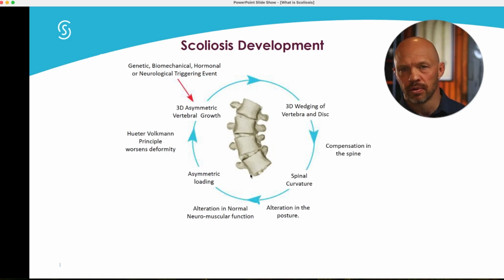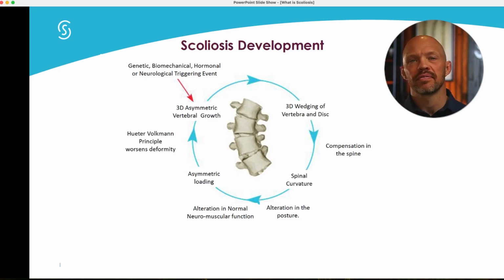The reason why this is important is there's a principle called the Hueter-Volkmann principle. The Hueter-Volkmann principle or law states that when you put pressure on bone, you slow the rate of growth. So when the bones are still growing and the growth plates are open, when you put pressure on those bones, you decrease the rate of growth. And when you put traction on or pull on the bone, you can actually accelerate the rate of growth.